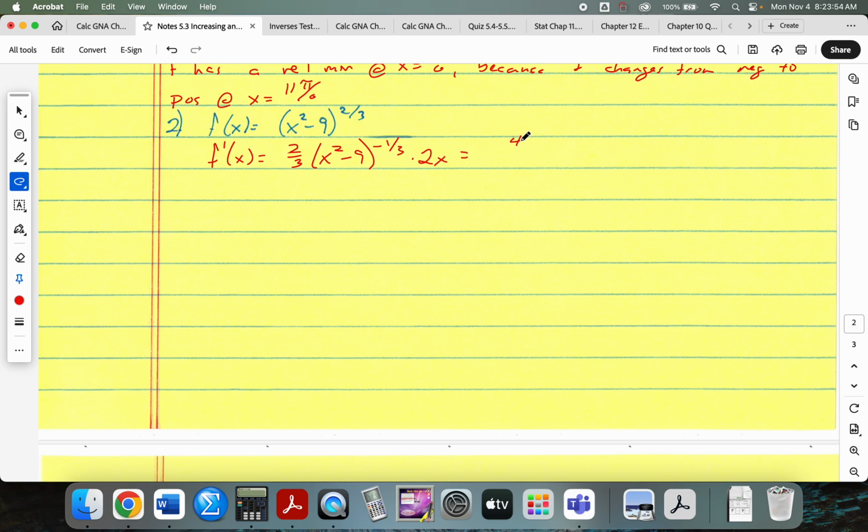So this is 4x over 3 times the cube root of x squared minus 9.